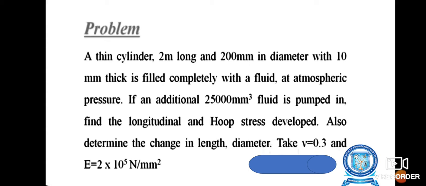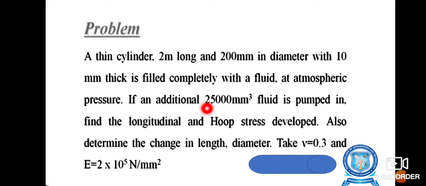Once again, I will read the problem. Listen carefully. A thin cylinder 2 meter long, so the length is 2 meter, and 200 mm in diameter with 10 mm thickness. Thickness is 10 mm. It is filled completely with a fluid at atmospheric pressure.